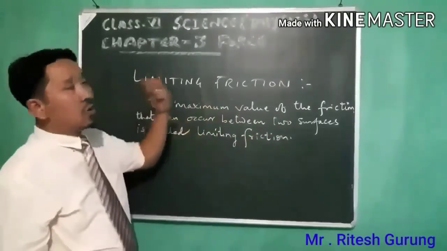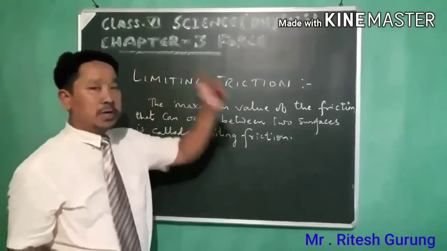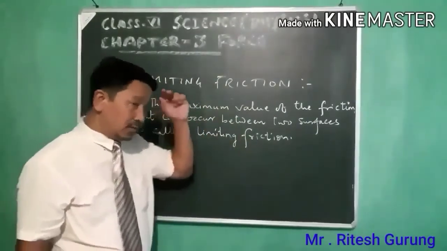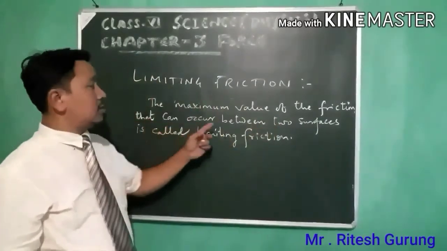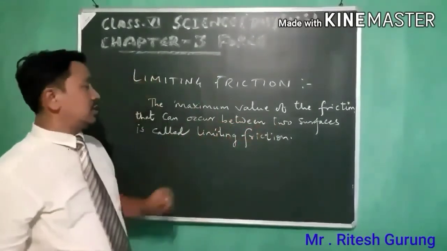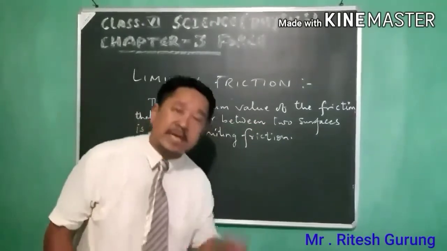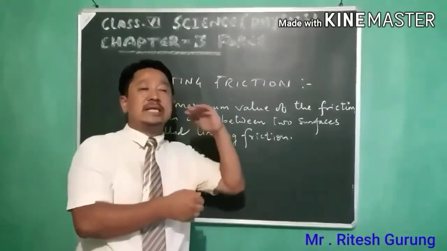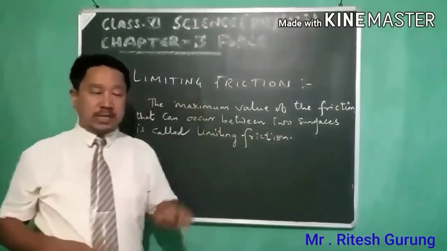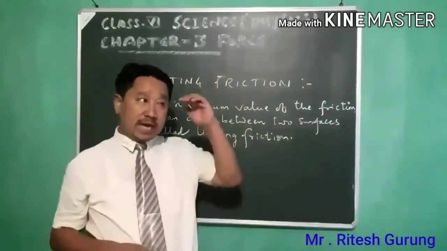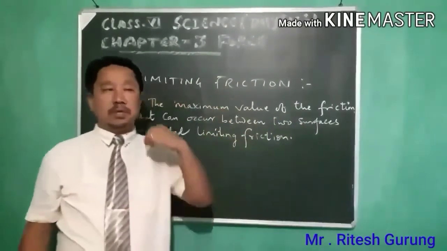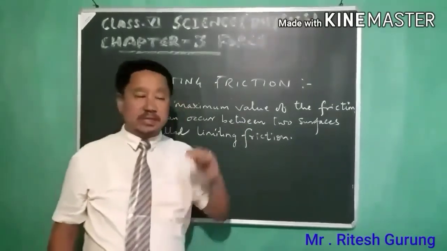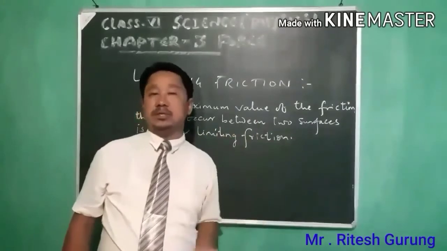That maximum value of the friction that can occur between two surfaces is called limiting friction. It doesn't go further than that.